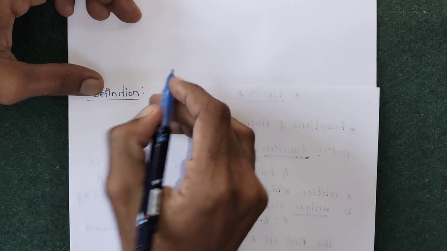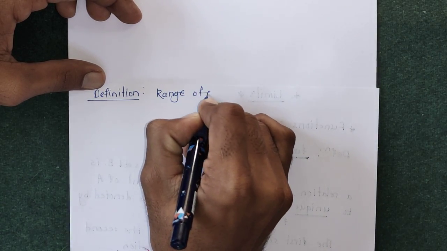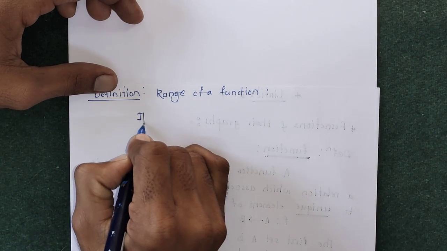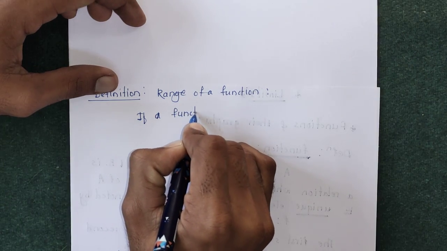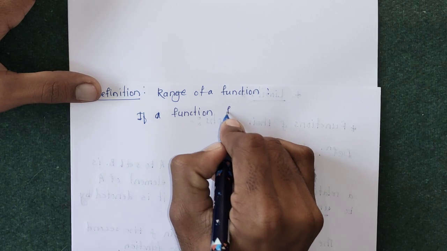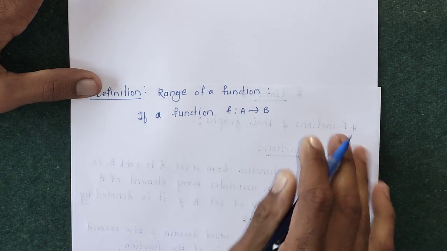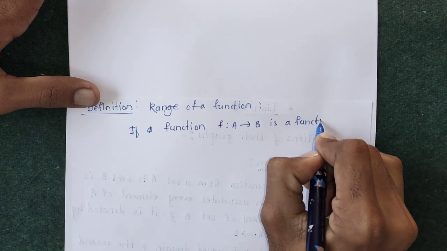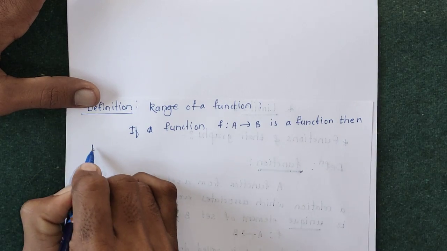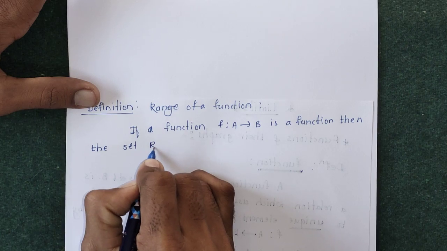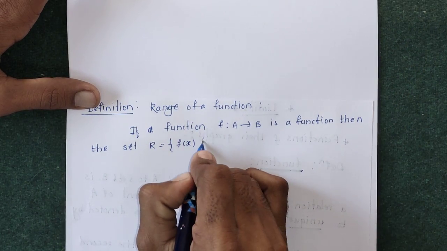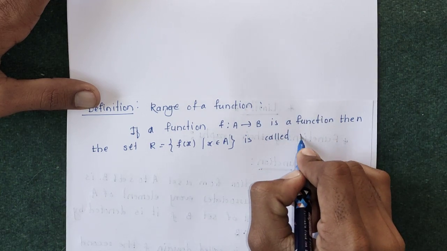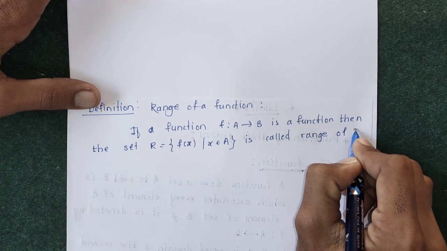Next definition is range of a function. Let f from A to B be a function, then the set R is equal to f of x such that x belongs to A. It's called the range of the function f.